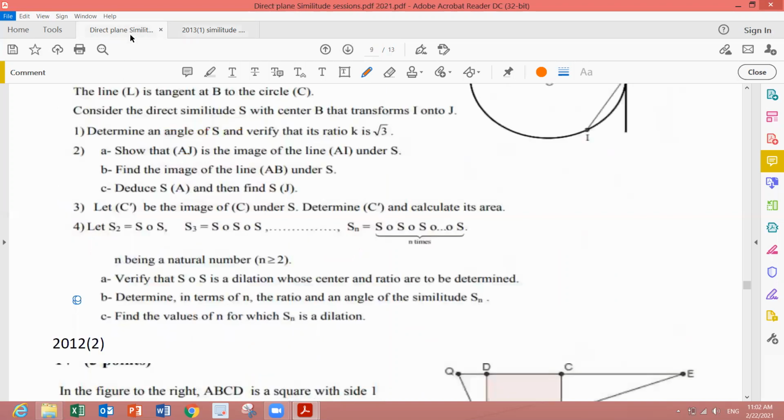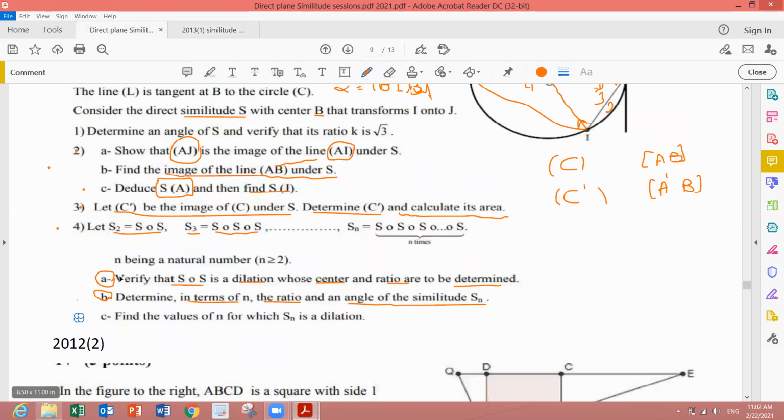Yes. The last part C: find the values of n for which Sn is a dilation. In which case is the similitude a dilation?